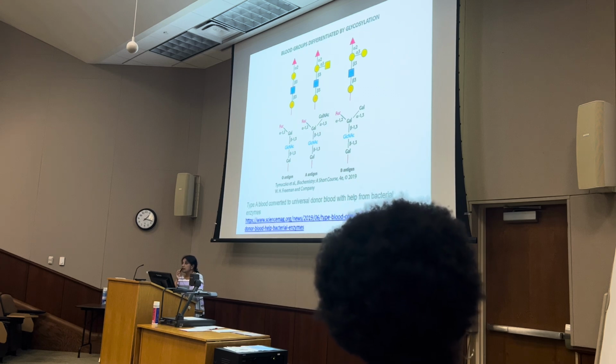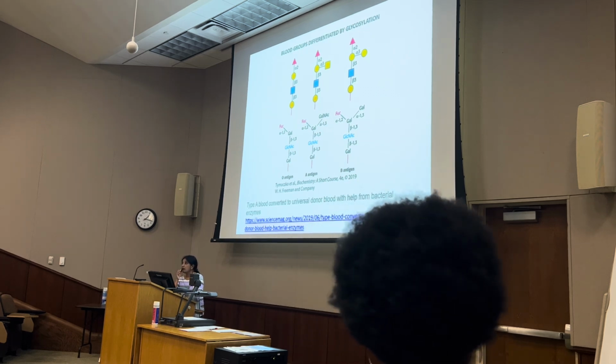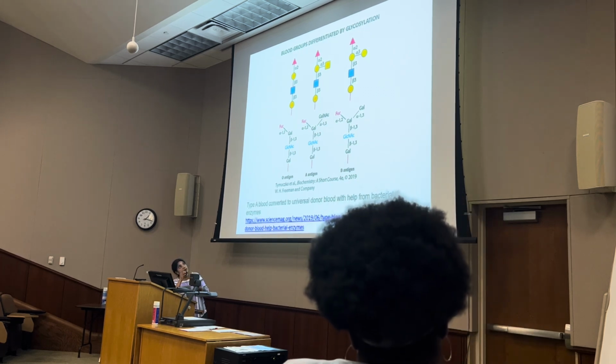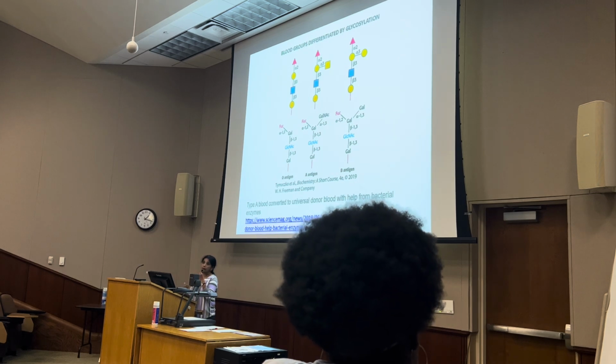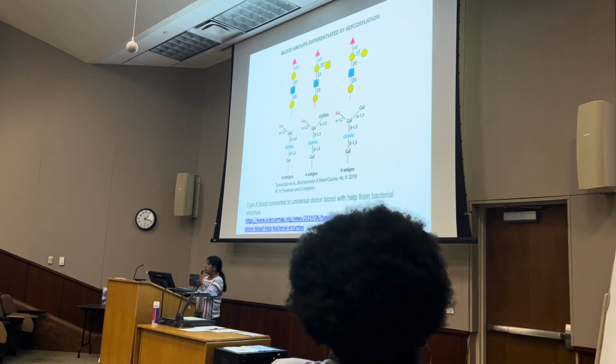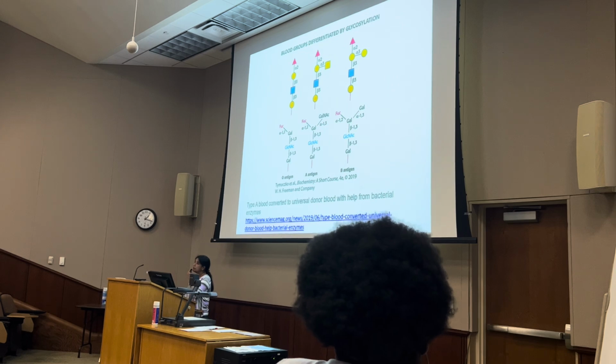So these antigens are post-translationally modified, and with those patterns, you can tell whether it's a B, A, or an O. To get a universal donor like the O antigen, they want to use this enzyme that they have discovered from bacteria and begin to take the A or the B and cut off that pattern of sugars so that it all becomes O.